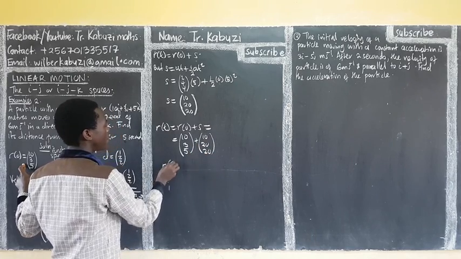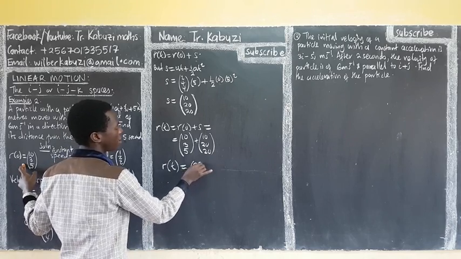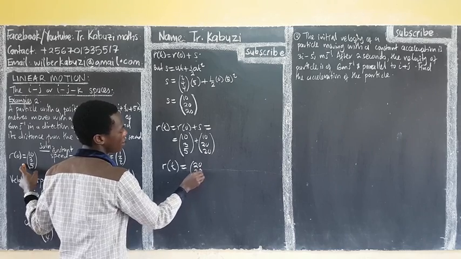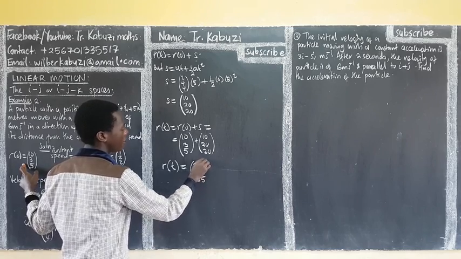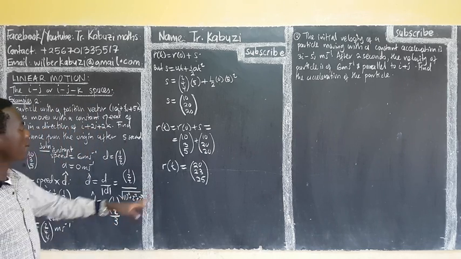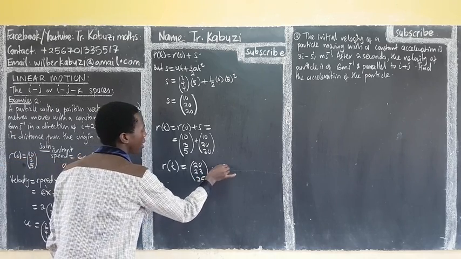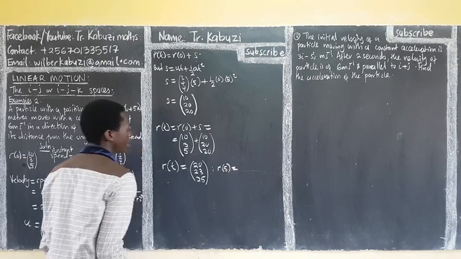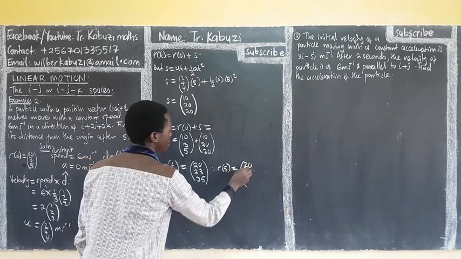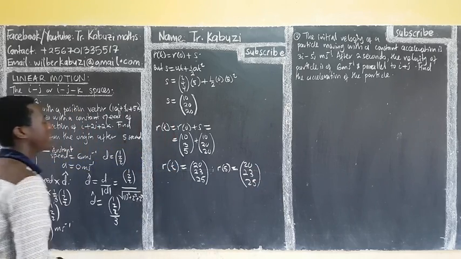And so our position here is 20, 23, 25. This is the displacement after 5 seconds.